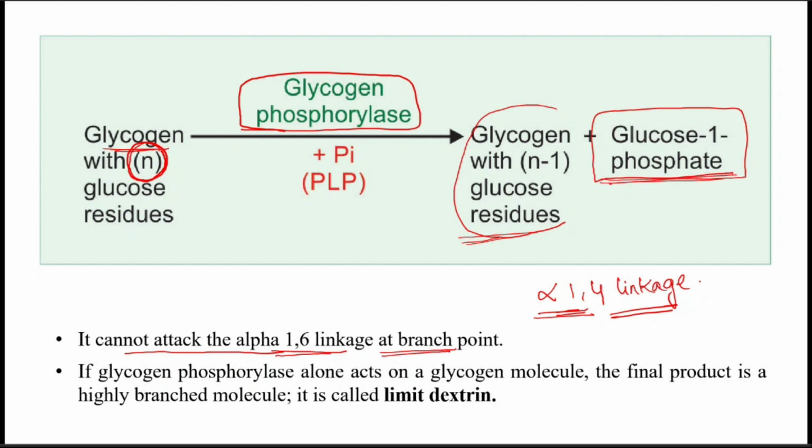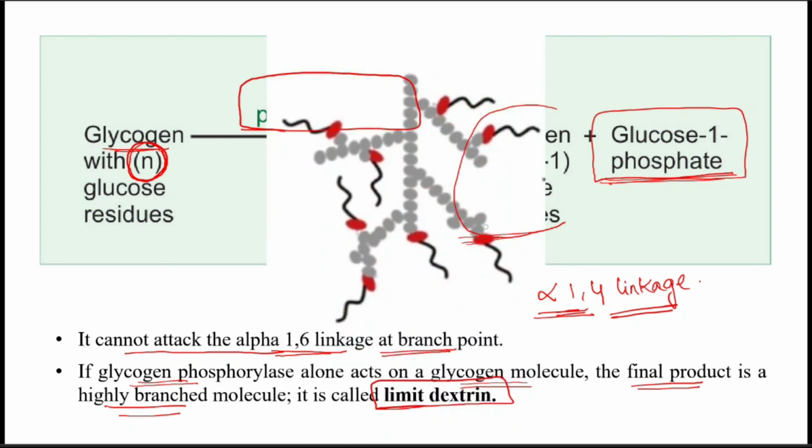If glycogen phosphorylase is the only enzyme acting on the glycogen molecule, the final product will be a highly branched molecule called limit dextrin, because this enzyme cannot act on the branch points, that is, the alpha 1,6 linkages.